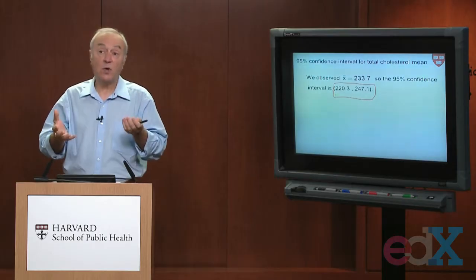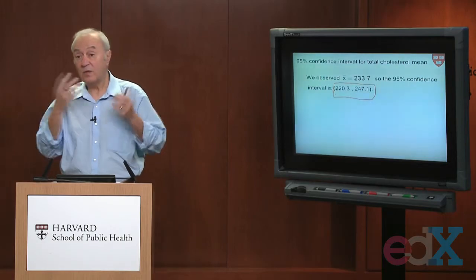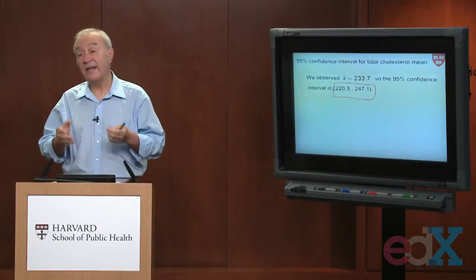Typically, we don't know if it covered it or not. The only thing we can say about this is before we started out, the rule was do all these things and you'll end up with an interval. That interval has a 95% chance of covering the mean. Whether it actually did or didn't in this one particular situation that you carried out, we can't say.